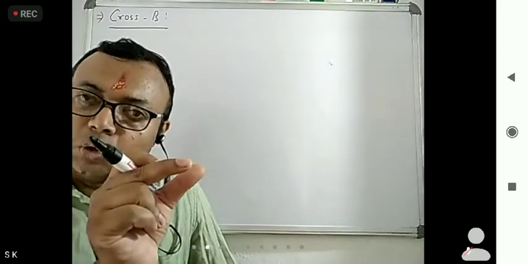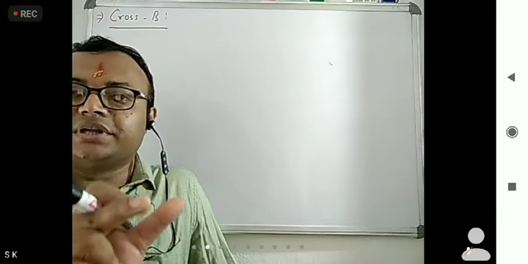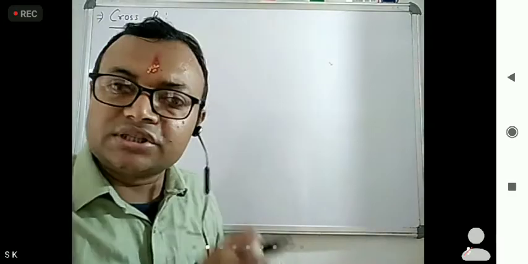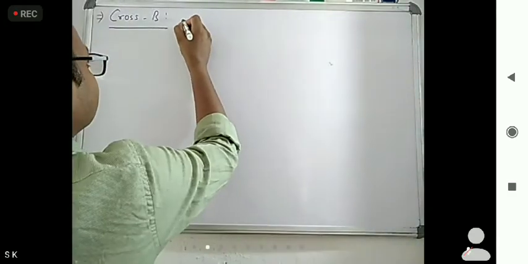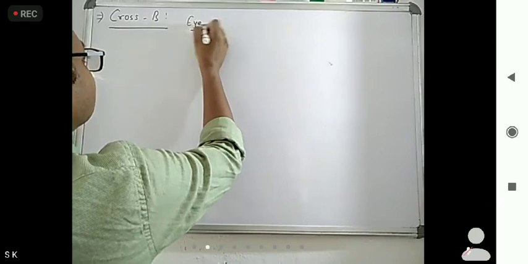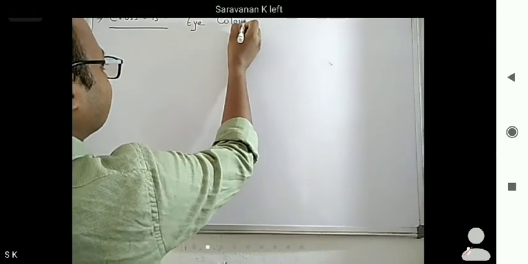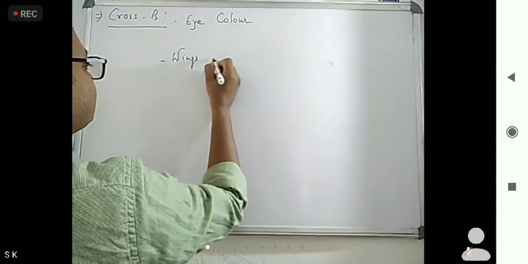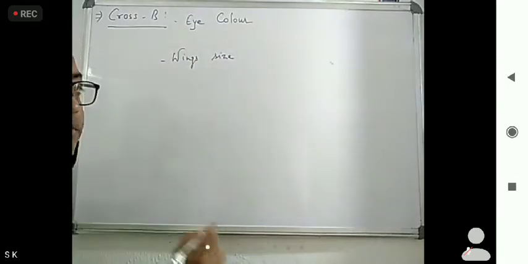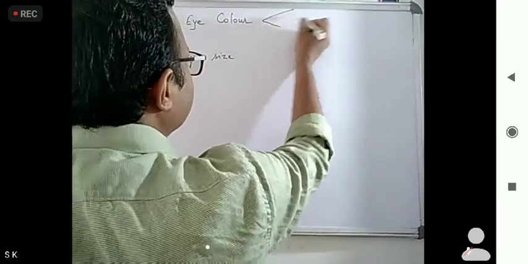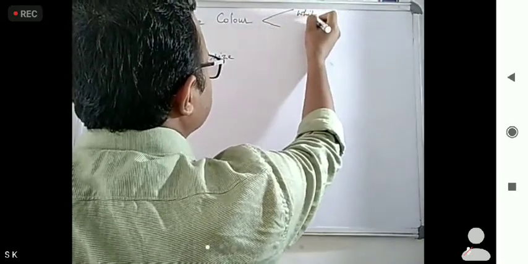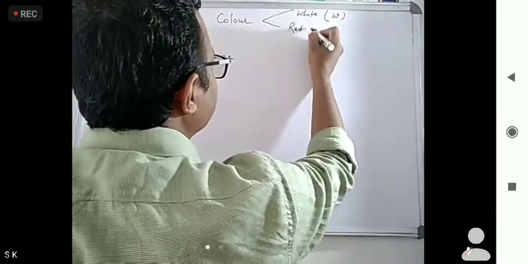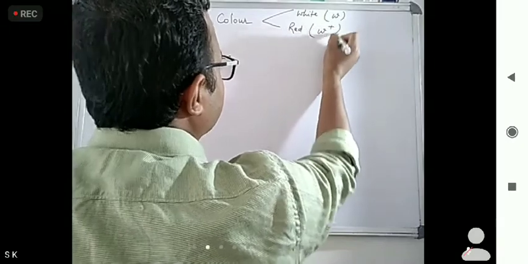Previously the genes were very closely linked; here some distance was there. So what characters did he choose? One character was the same eye color, and another character was wing size. Eye color we already saw: white and red. White is denoted with W and red with W plus superscript.